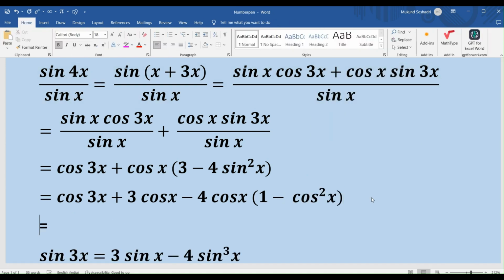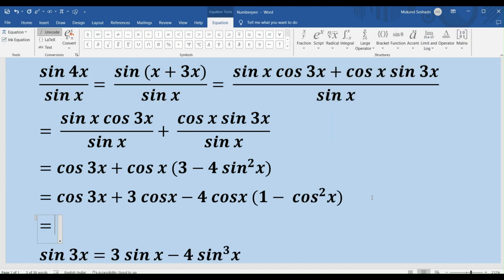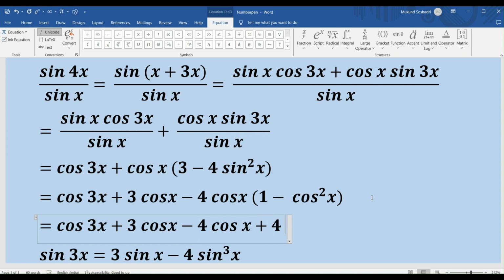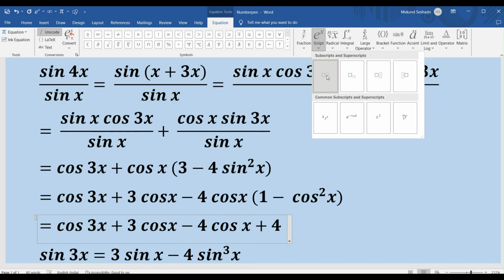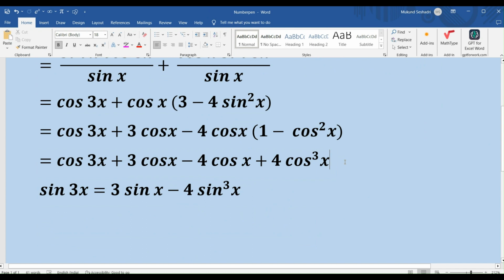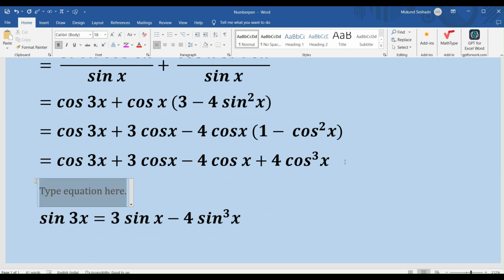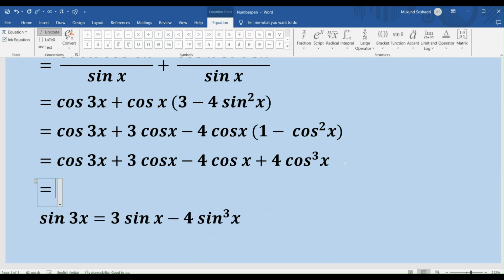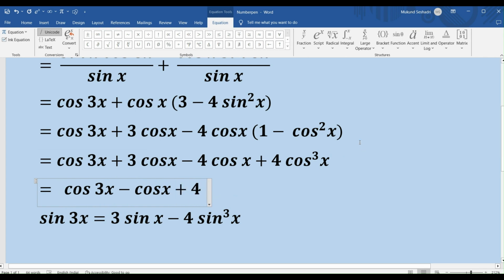And then when I rewrite it in the next line, I get cos 3x plus 3 cos x minus 4 cos x plus 4 cos cube of x, right? I retain the cos cube for a minute. I know that I can cancel out my terms and get cos 3x minus cos x plus 4 cos cube of x, right?